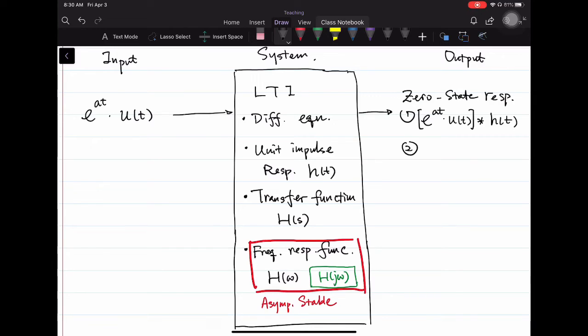Or, like what we did in chapter 6, you multiply the transfer function with the Laplace transform of the input signal, and eventually solve for the inverse Laplace transform. The mathematical tools involved in the middle include partial fraction expansion.